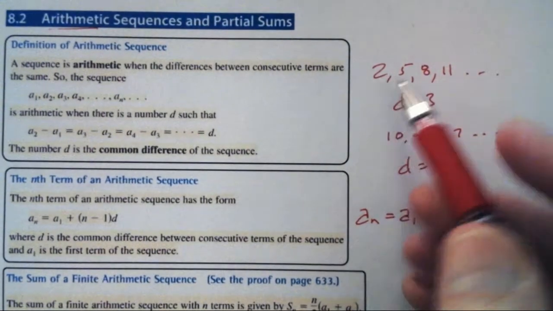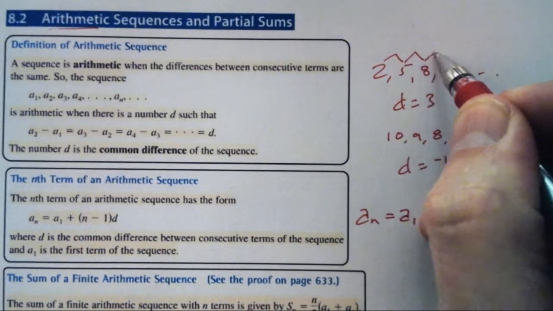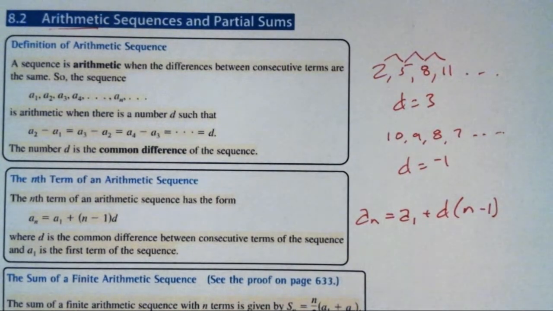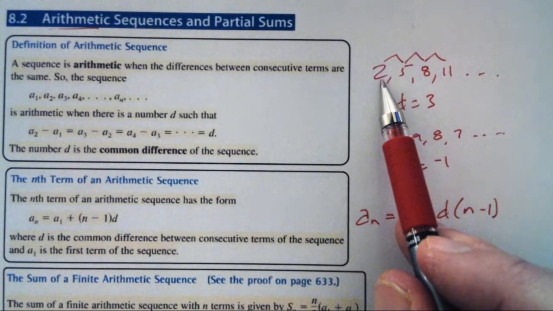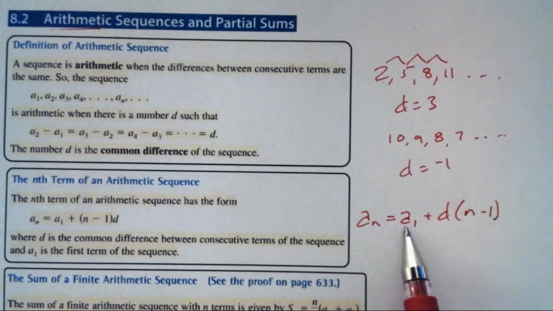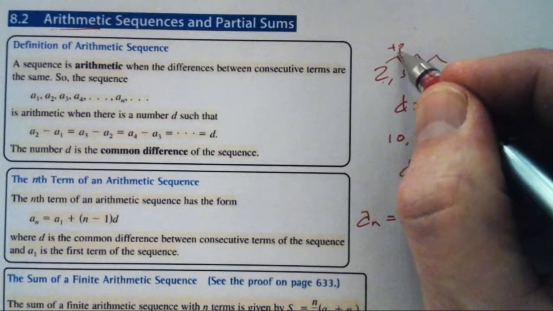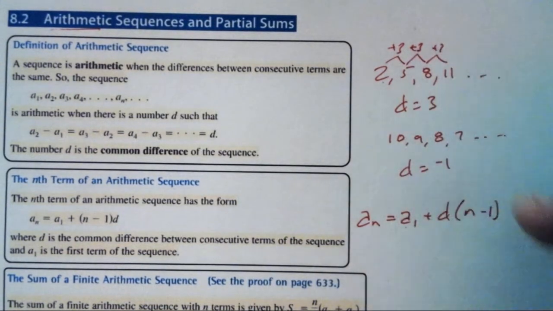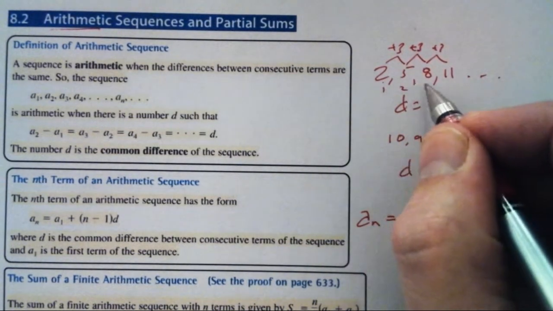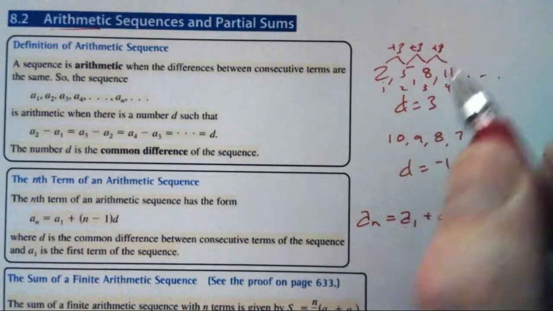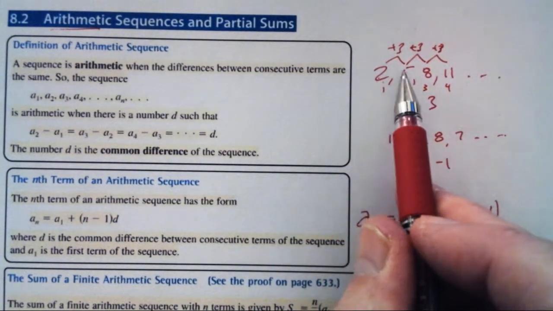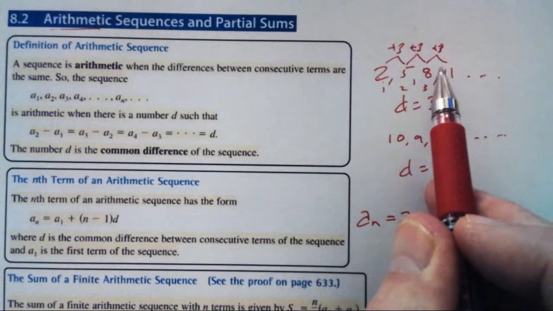In this sequence here, we add 3, add 3, add 3. So we start at 2, and so 2 is our first term, and we start adding 3's. How many 3's do I need to add? Well, to get to our first, second, third, fourth term, if we started at 2, we only add 3 three times.